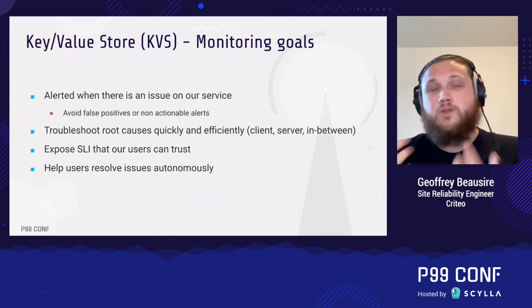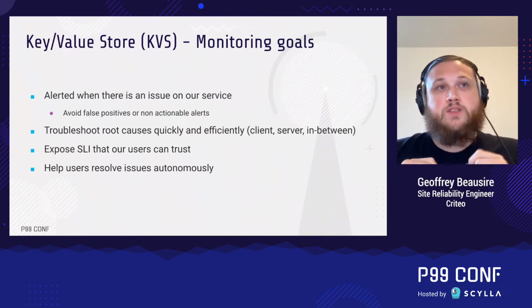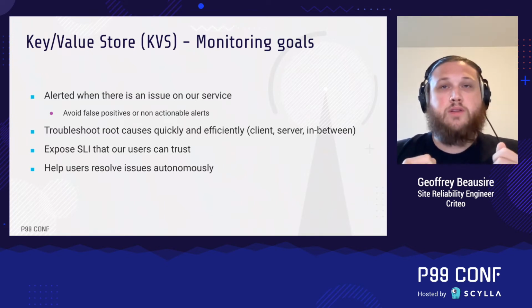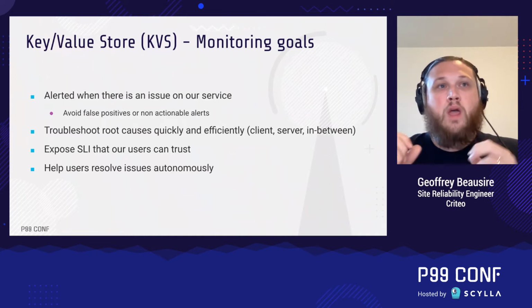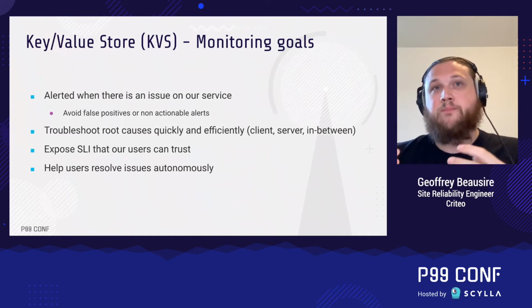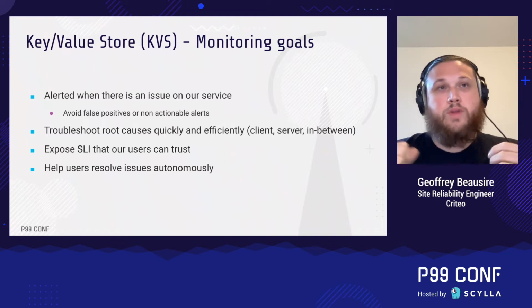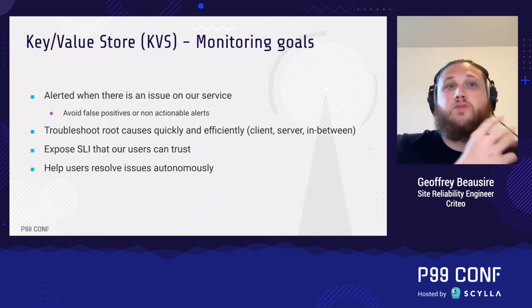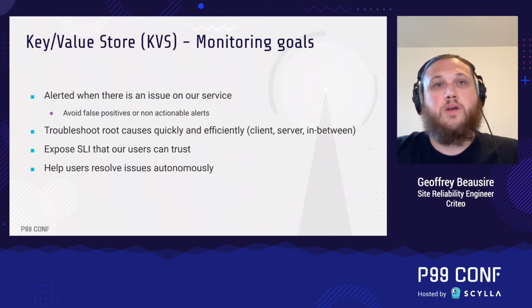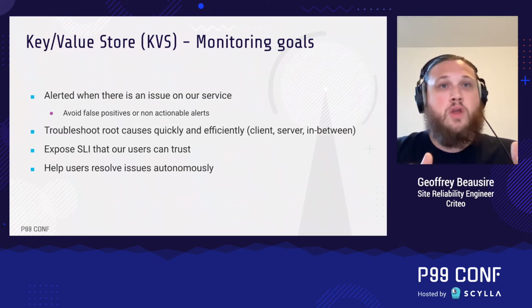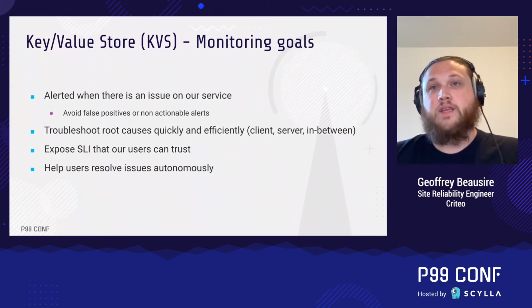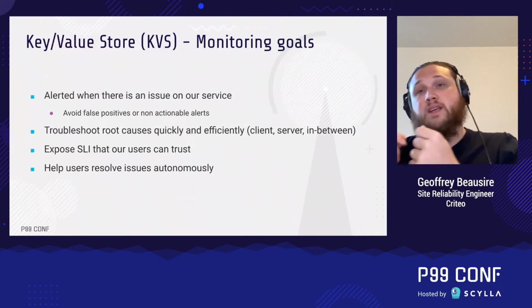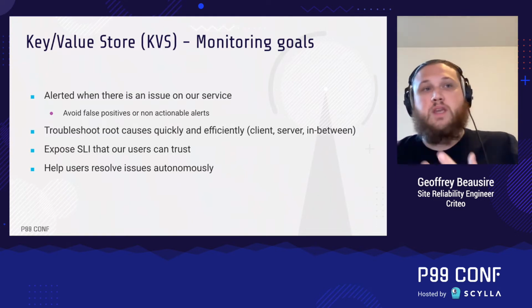The goal of this monitoring system is to alert us when there is an issue on our service. We want to avoid false positives. We don't want to be woken up in the middle of the night just because of an issue on the client side that we don't control. We also want our monitoring system to help us troubleshoot root causes quickly and efficiently, be it on the client, on the server, or something in between.